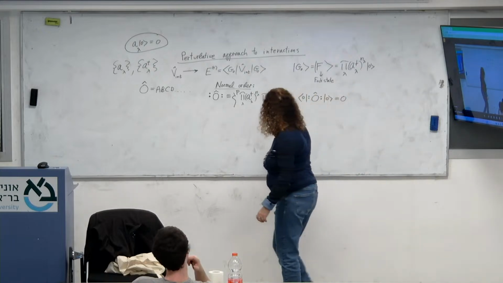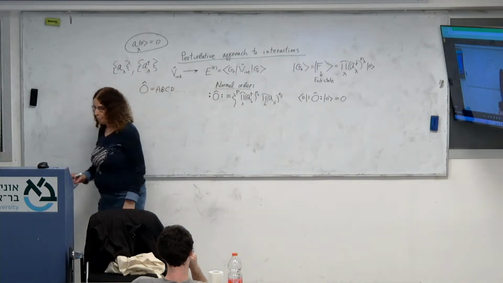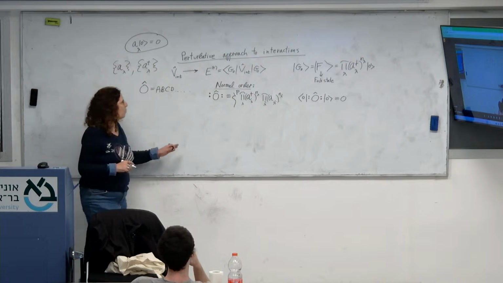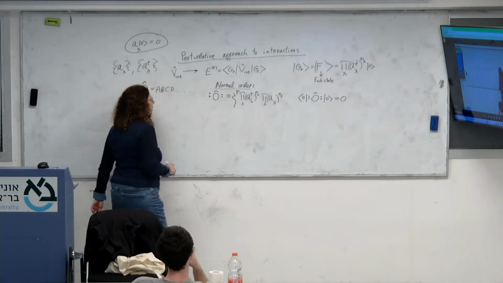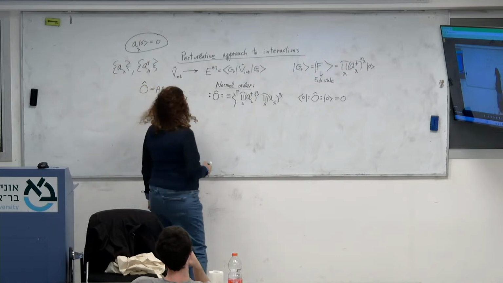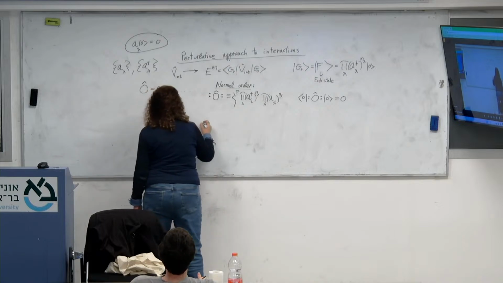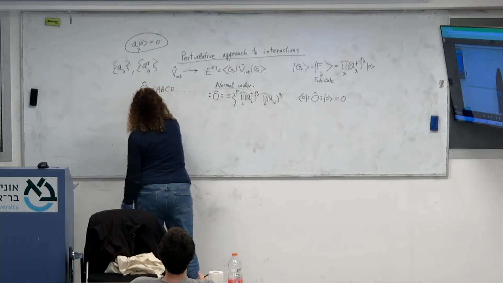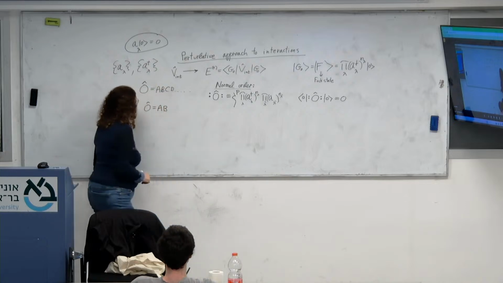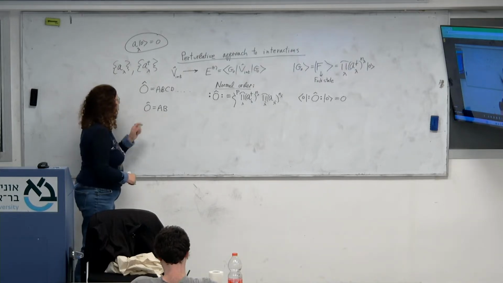Okay, very good. Now let us look at a special case of such an operator where you only have a product of two. So let's look at an operator that is just A times B, and I want to see what is its normal order.